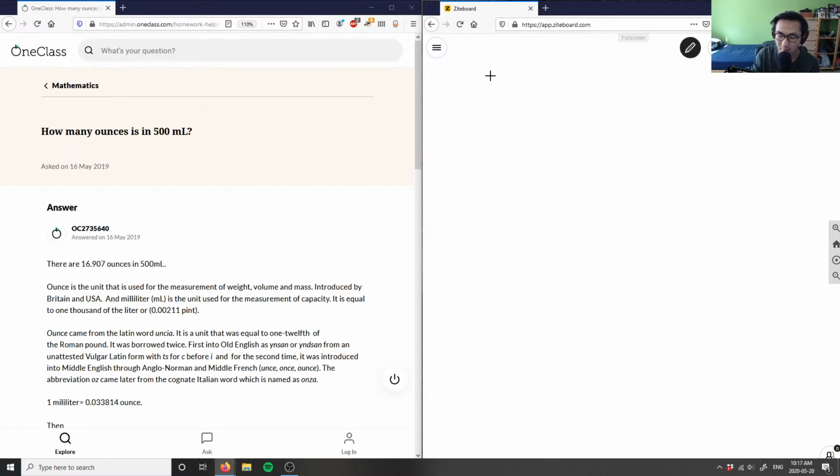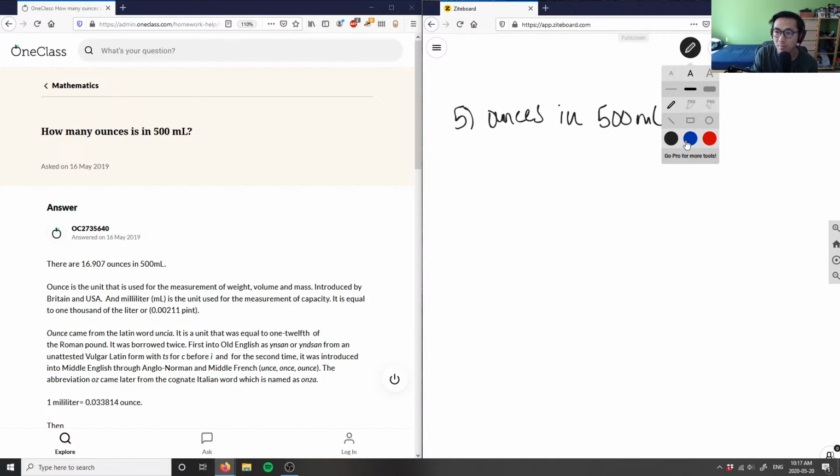Number 5. How many ounces are in 500 milliliters? So what I want to do is convert between two systems, because right now I want ounces, and I'm given milliliters, which is metric.